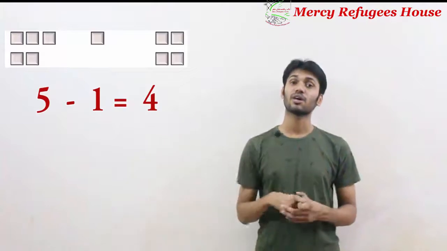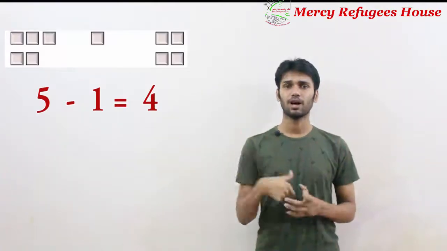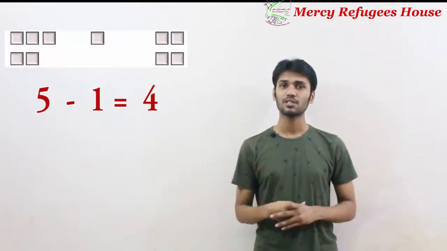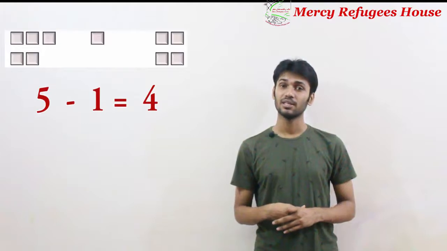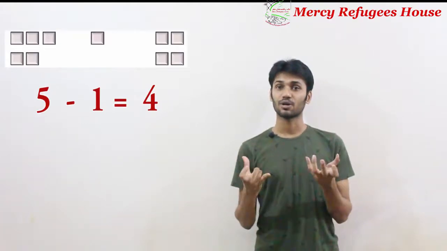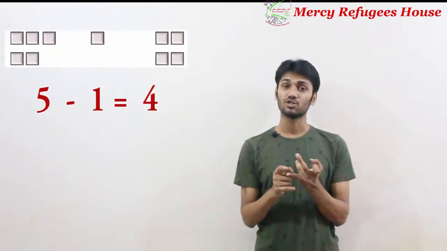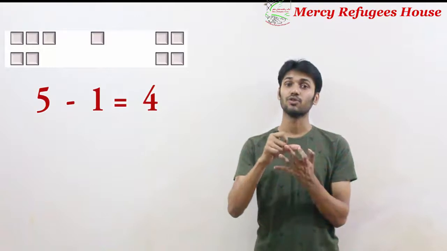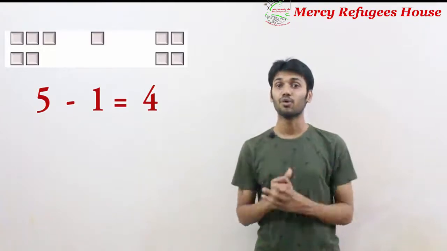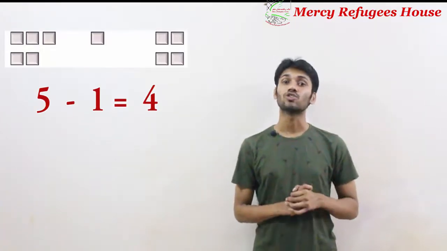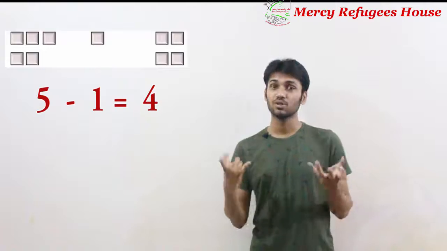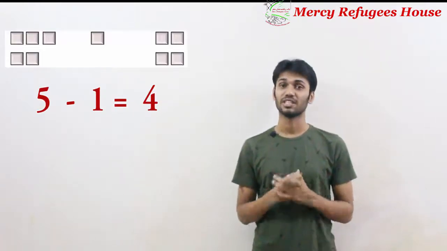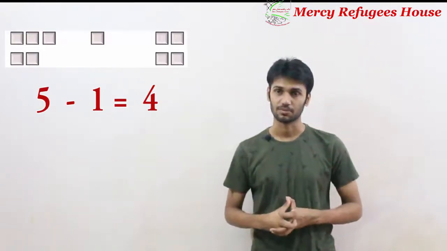So I am just going back 1 dot. 5 minus 1 equals 4. Or maybe you could start with this format: 1, then I need to reach 5, 2, 3, 4, 5. So I need 4 more dots to reach 5. These are the 2 different ways of getting the result from a subtraction.